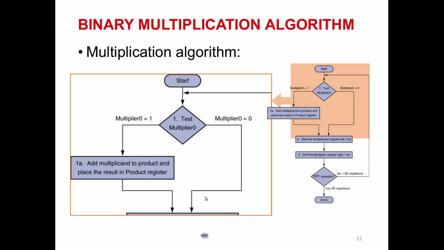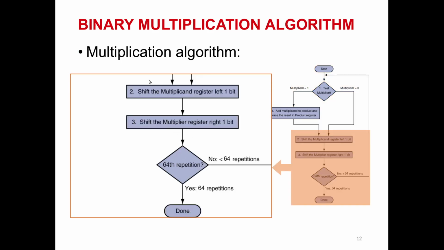So we don't need to do any addition here, but we will go straight to shift the multiplicand register to the left and shift the multiplier register to the right before we check the number of loops or number of repetitions, to make sure that we already scan through all our bits in the multiplier. And after that we will have the product, and we are done here.